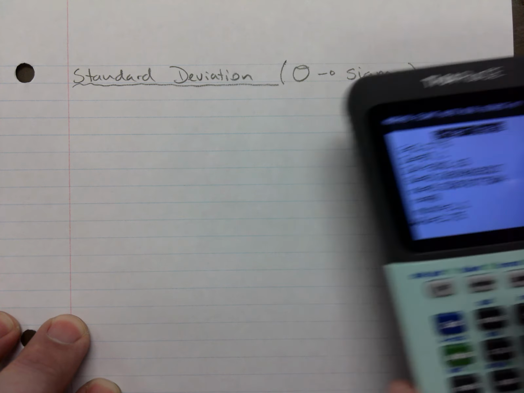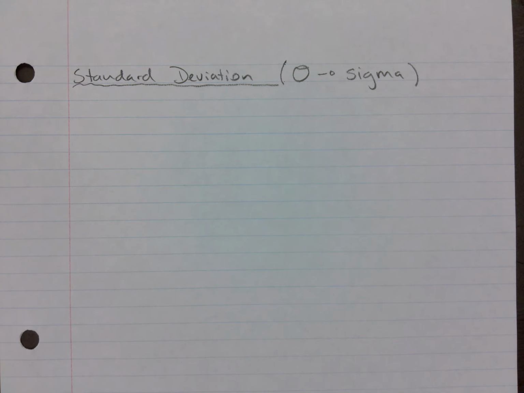Think about deviating. When somebody's deviating from the truth or deviating from a path, the sense is that you're moving away from your target, right? Or from the average in this case.